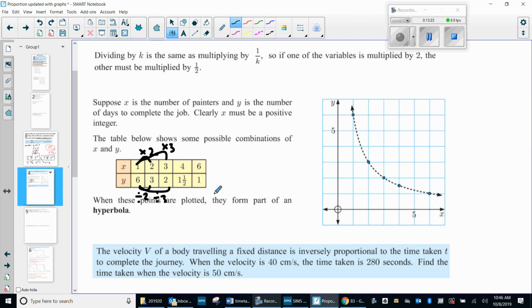Does that make sense? From 1 to 4, we would multiply by 4. 6 divided by 4 gives us 1.5, apparently. And from 1 to 6, you would multiply by 6. And 6 divided by 6 gives you 1.